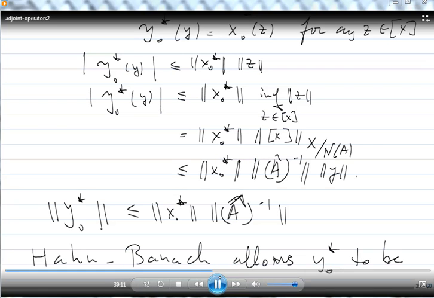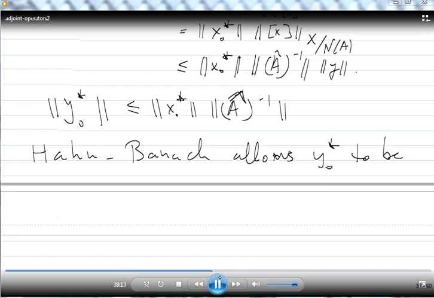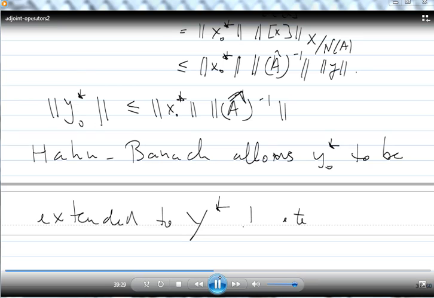Let us denote that extension by y0 bar star.